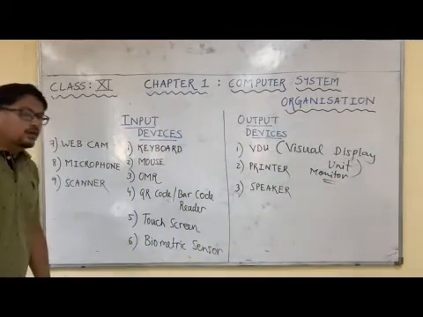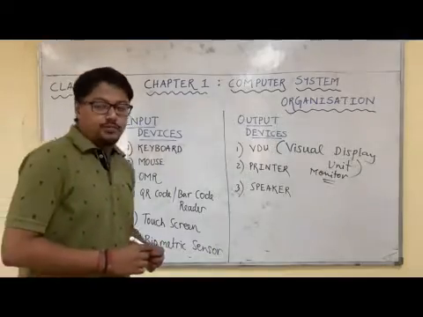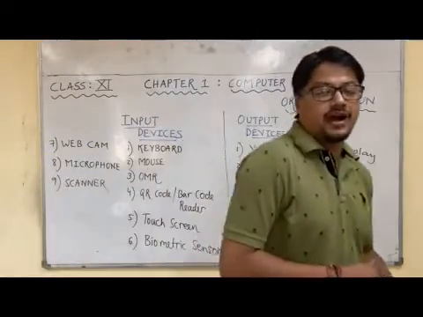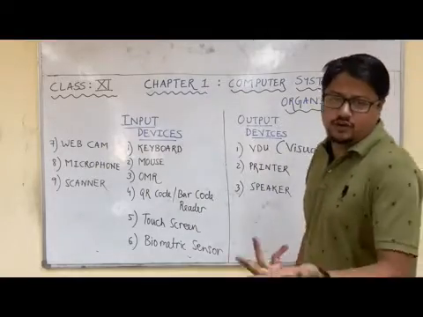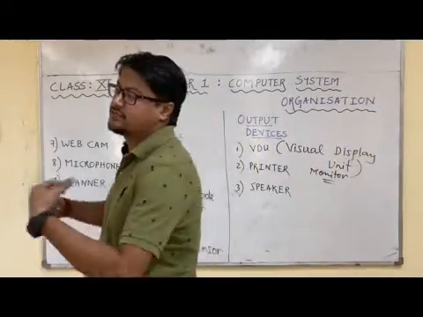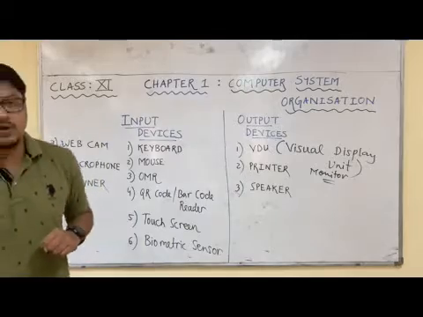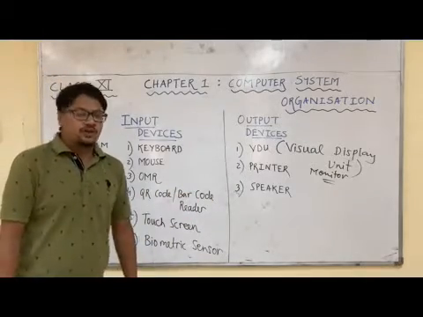Whatever information is stored in our computer can be taken as output in the form of a hard copy, that is pages, by a printer. And as we know, headphones and speakers all relay the sound output. So these are basic output devices.